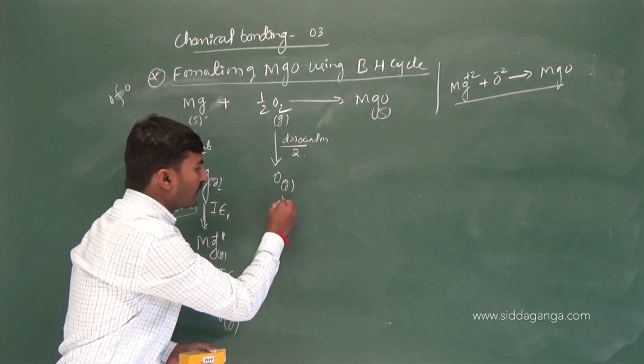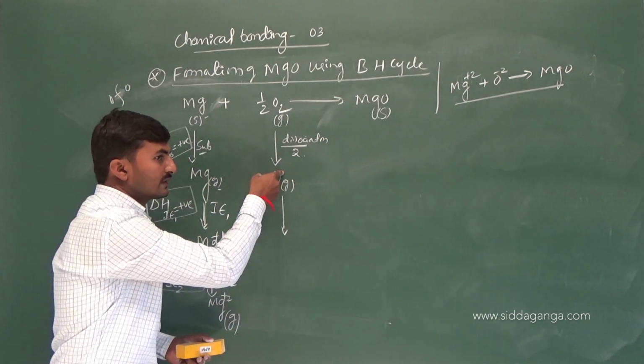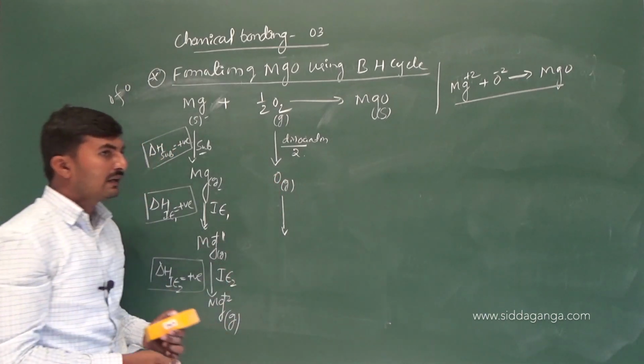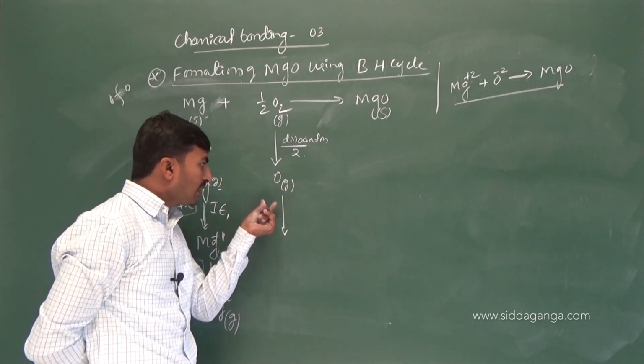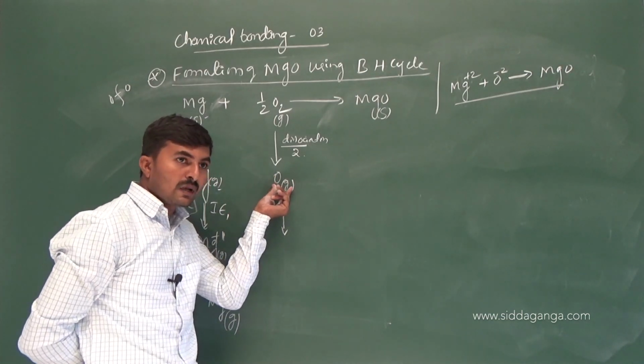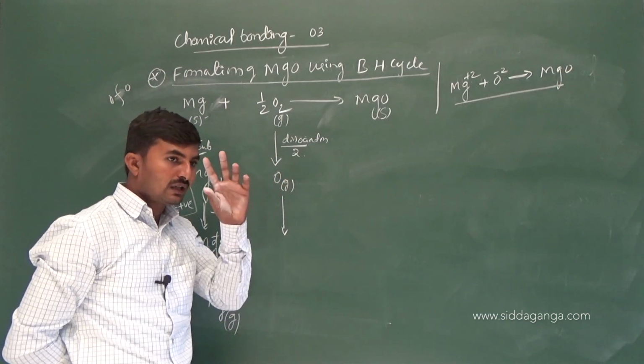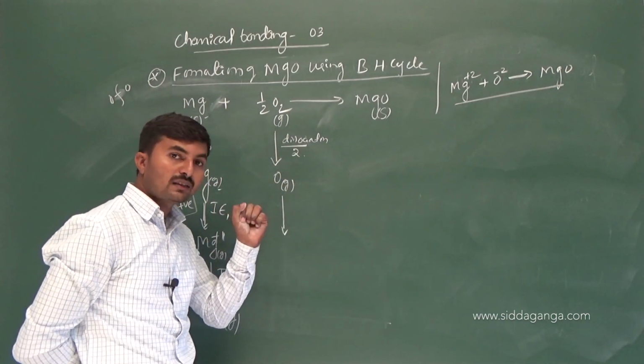In this step, first we have to provide one electron into this, and as I already explained in the last reaction, when an electron is added into a gaseous atom, the change in enthalpy of that atom is nothing but electron gain enthalpy.